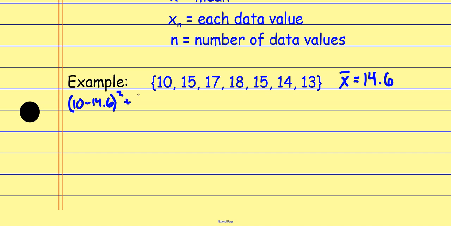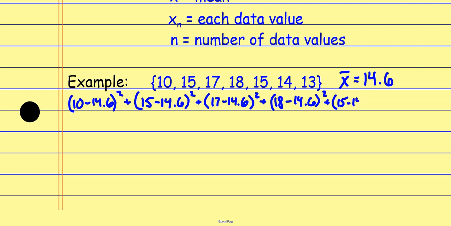And then I add that to, well, then it says x sub 2. So it says, take the next data value minus the mean and square it. Then the next data value minus the mean and square it, and so on, and I'll just keep going until I run out of data values.